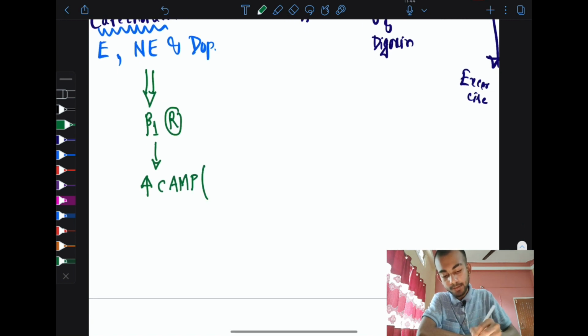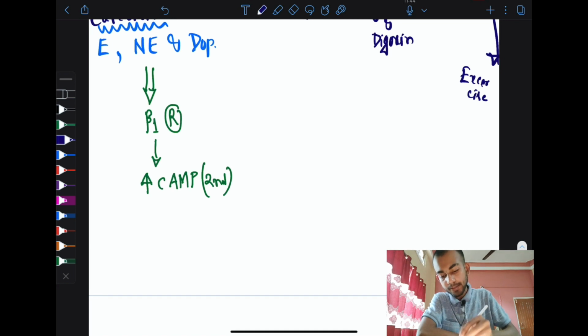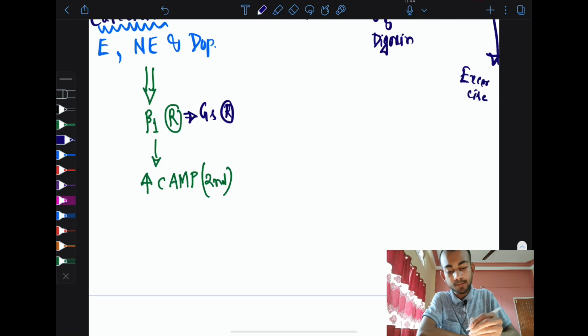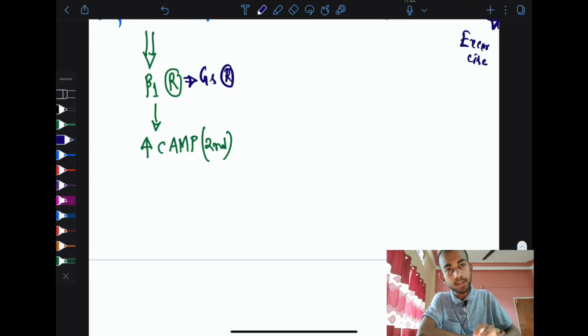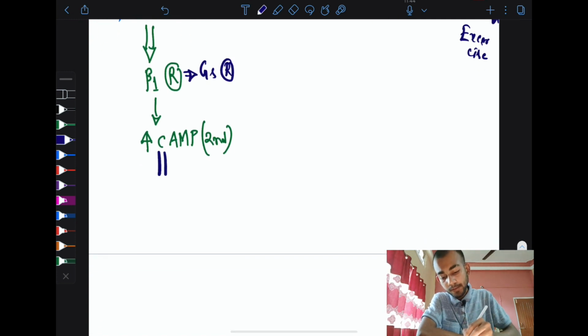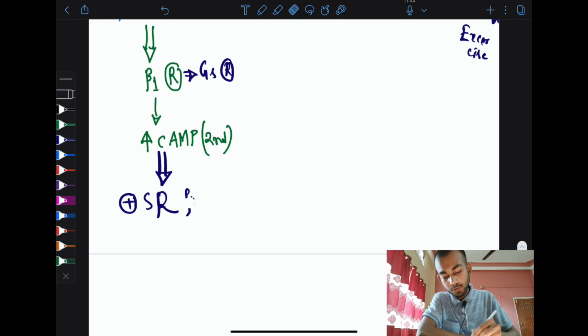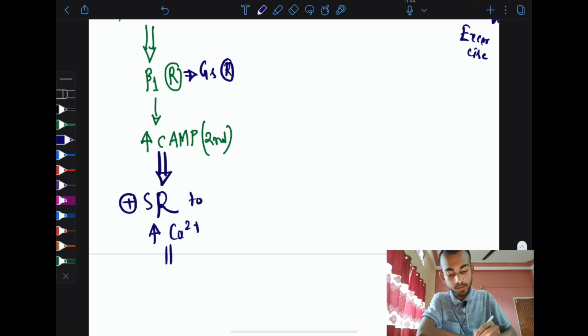This beta receptor is a Gs kind of receptor, that means a G protein linked receptor of the S subtype, right? Whenever there is increased cyclic AMP, it will stimulate the sarcoplasmic reticulum to release calcium, increasing the cytoplasmic calcium concentration, thereby increasing the stroke volume.